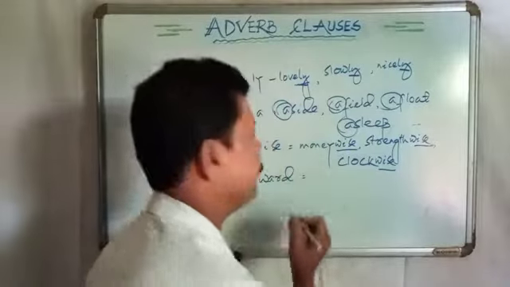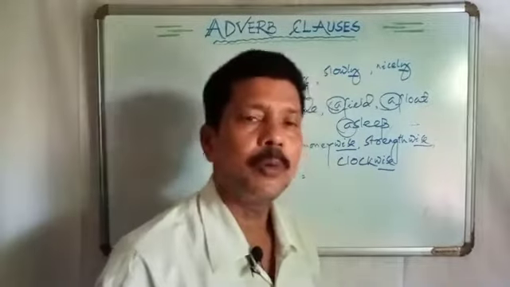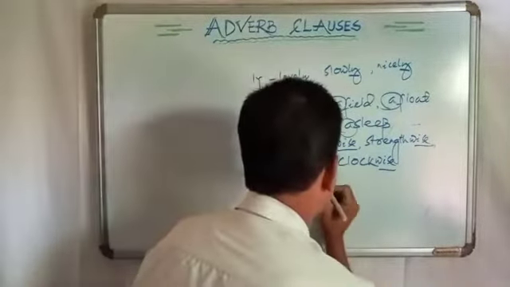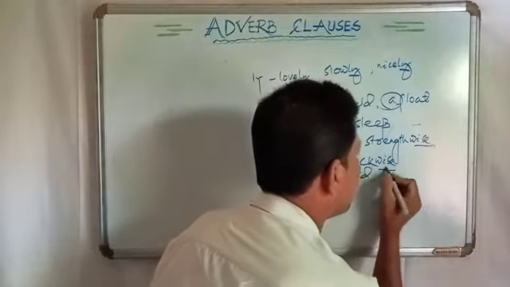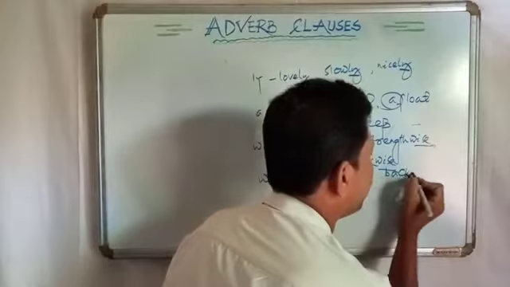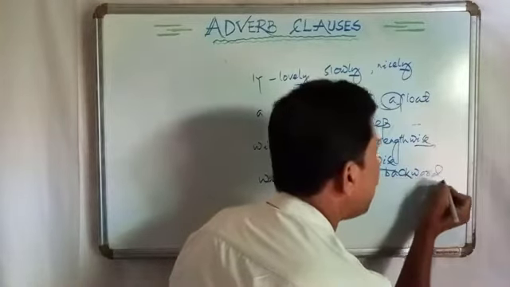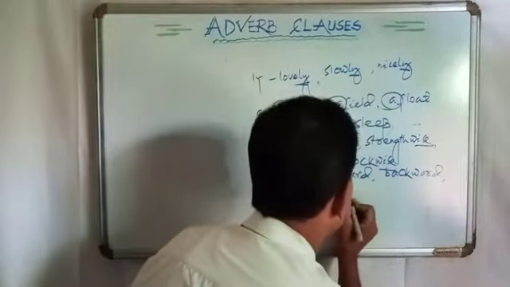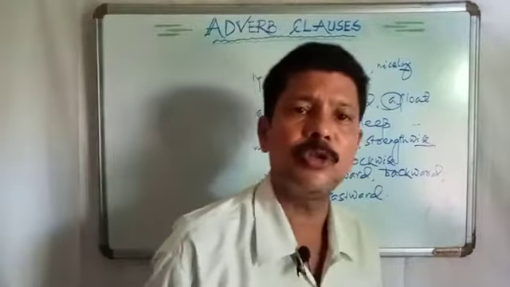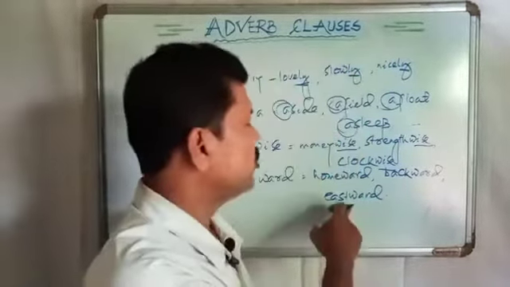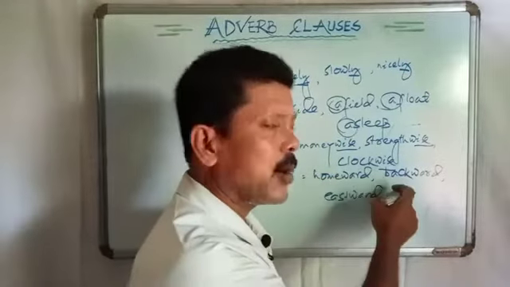W-A-R-D, ward. For example, homeward, backward, eastward, that refer to direction. Eastward, homeward, backward.